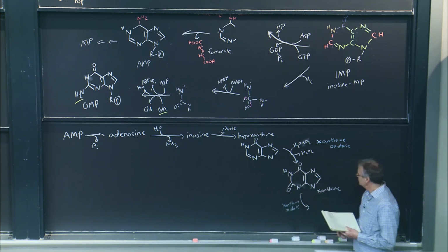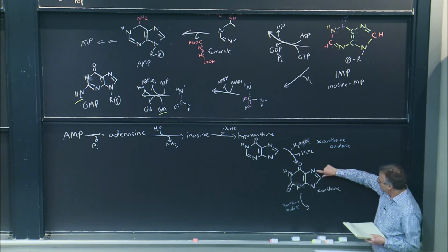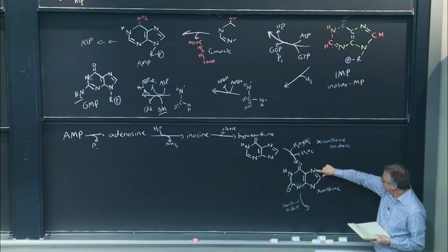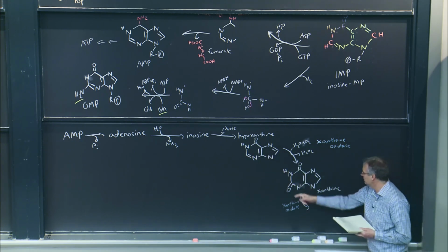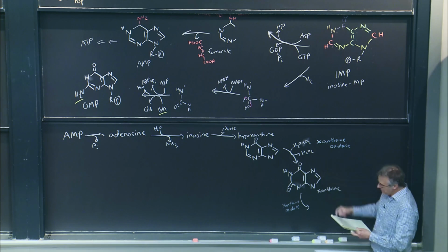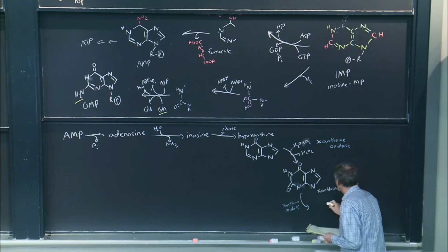Xanthine oxidase, same enzyme, can also use the same chemistry to oxidize this nitrogen carbon bond. So this one here was oxidized there. Now we're going to oxidize this one here. And what does that generate?